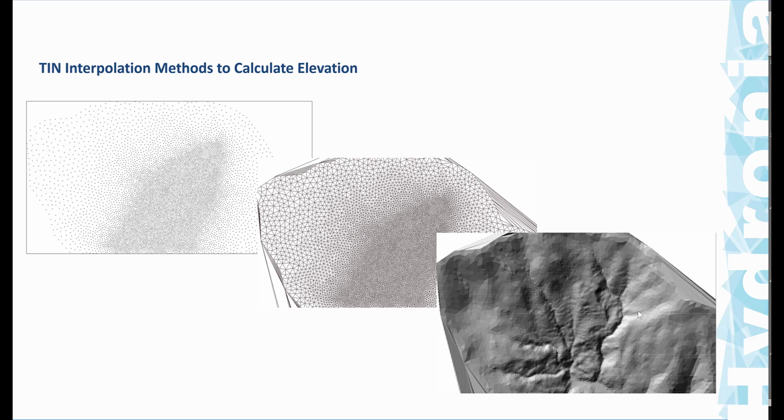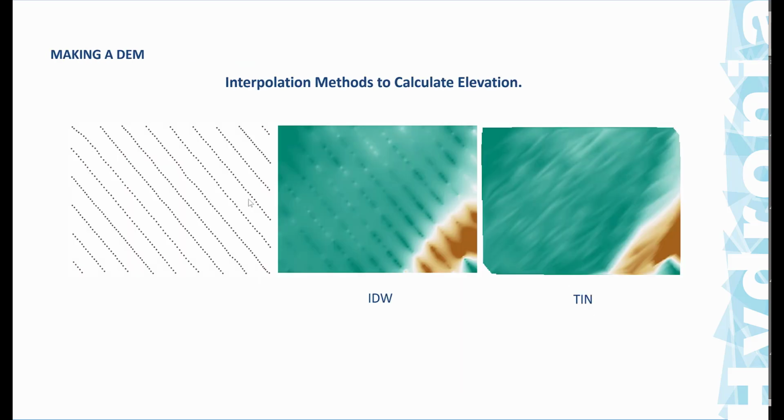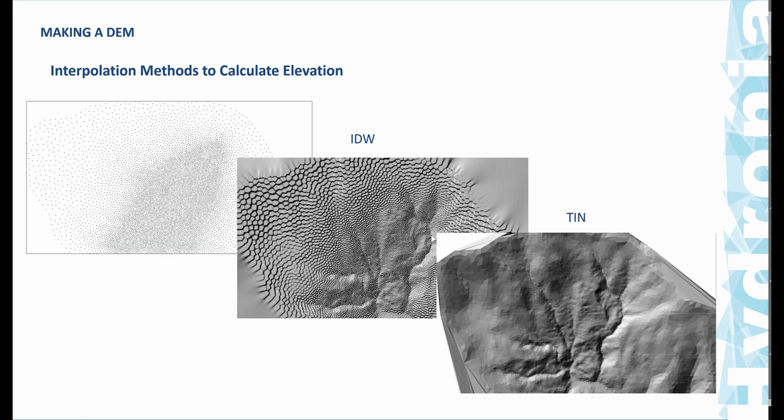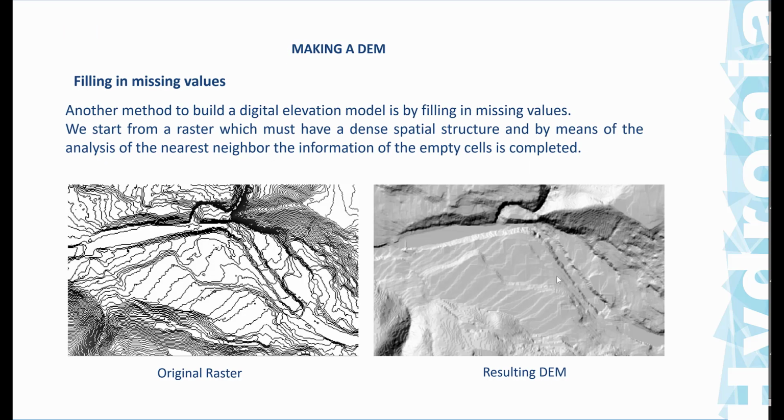It shows the drainage network in much better detail than the inverse distance weighting method. So just comparing side by side, you see here the inverse distance weighting and the TIN. The TIN is much more accurate in this case, and also in this other comparison of inverse distance weighting and the TIN, this is also much better suited.